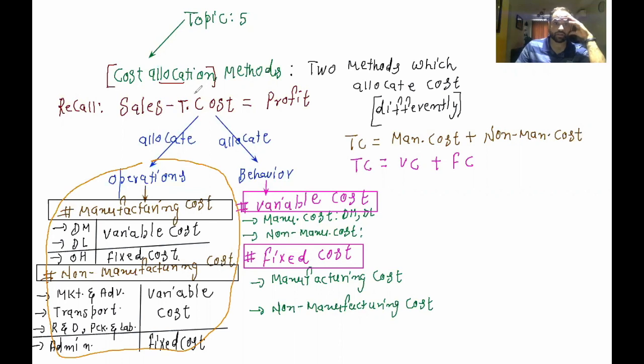So sales minus cost is profit. All right. Sales minus this cost. This cost means cost by operations. So sales minus cost is profit, right?